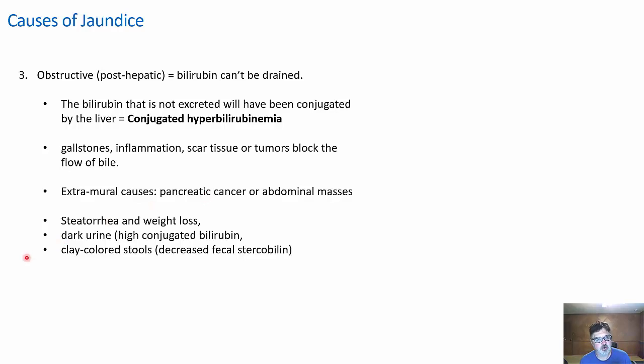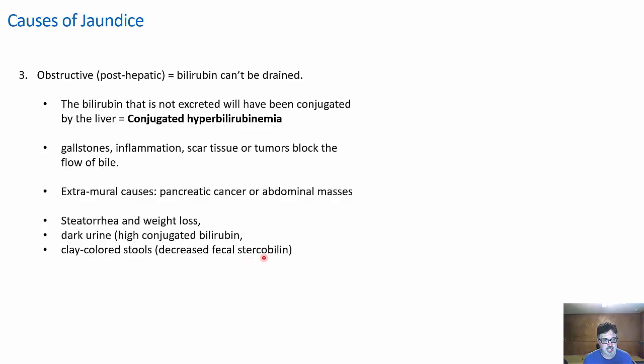What you'll notice here is that you're going to have lipids in the stool, steatorrhea, along with weight loss. This will result in dark urine because you have all this conjugated bilirubin building up. And because it's not able to make it into the bile and release into the intestines, the feces will actually take on a clay color because they will not have that sterocobalamin that gives them their normal brown color.